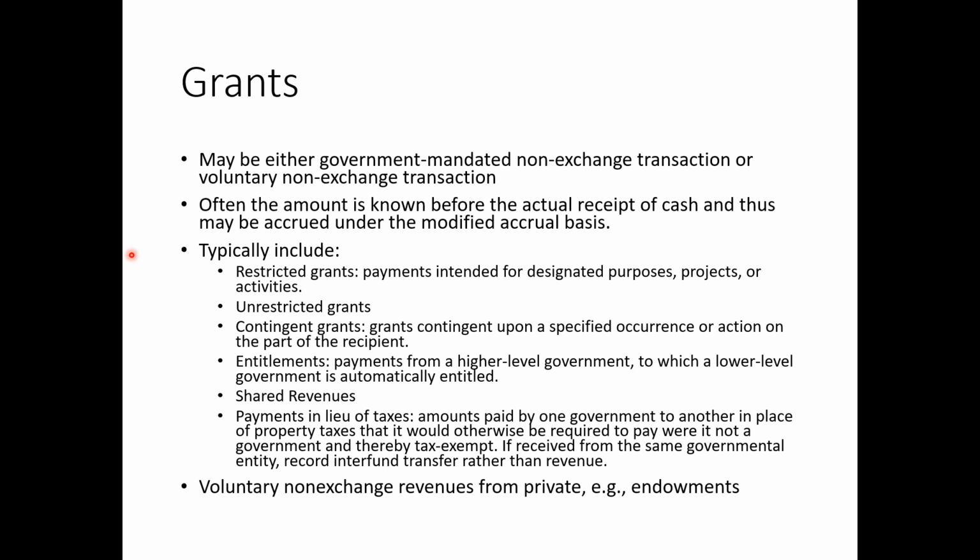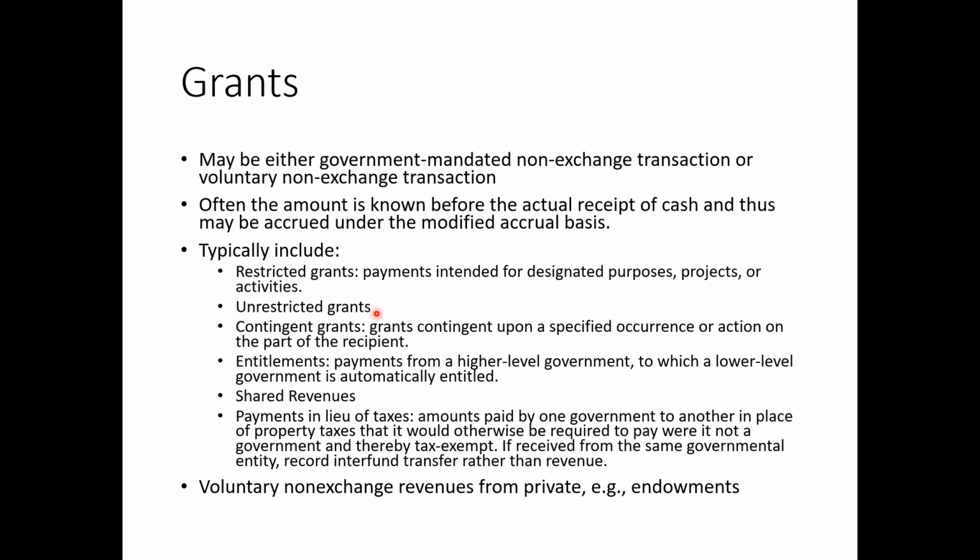So let's see how we're going to record our grants. For grant revenues, typically we're going to consider the following issues. Restricted grants: payments intended for designated purposes, projects, or activities. And we have seen, restricted grants may have purpose restrictions or time restrictions.